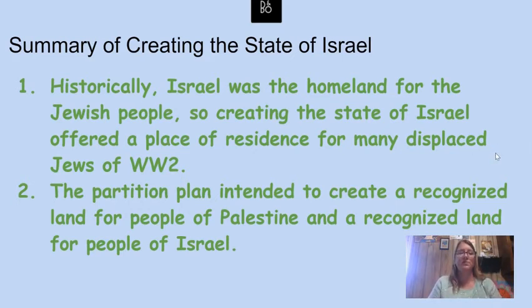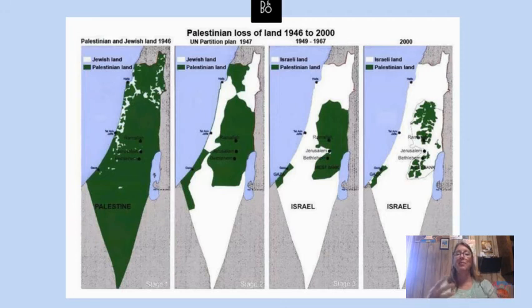cultural groups. So what has happened to Palestine over the years, 1946 to 2000? You see it here. Green is Palestine land. White is Jewish land. And you can see over these 60 years what has happened.